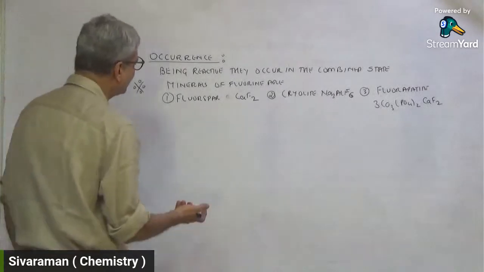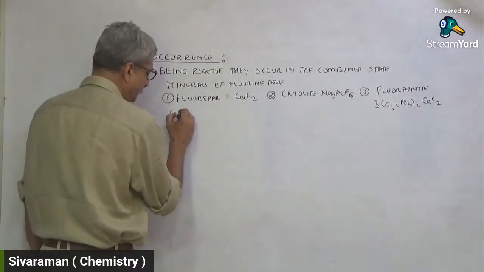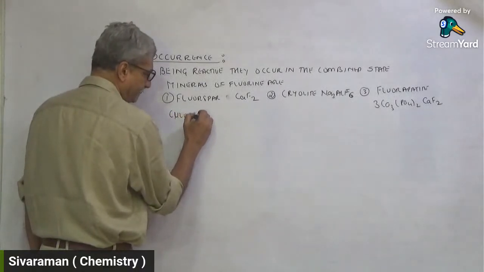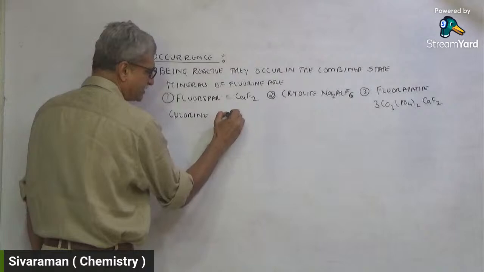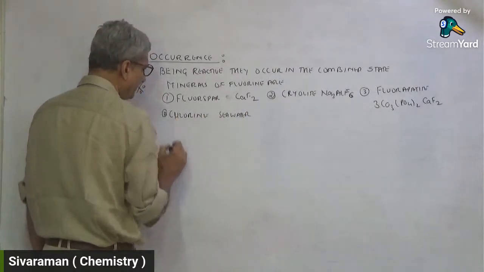But for chlorine, seawater is the biggest source. Then we have bromine.